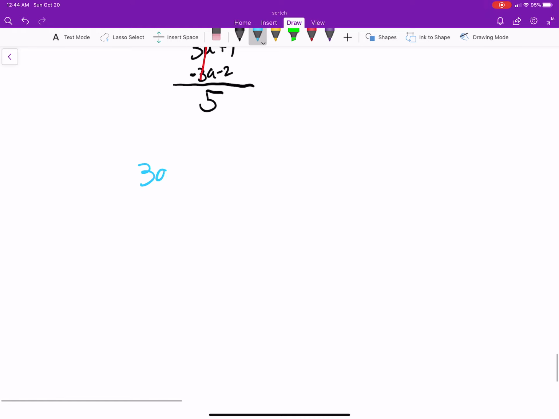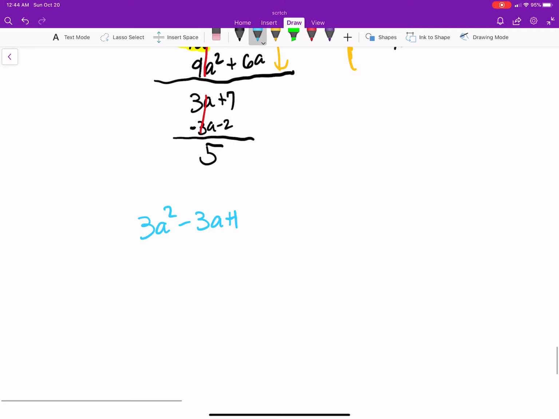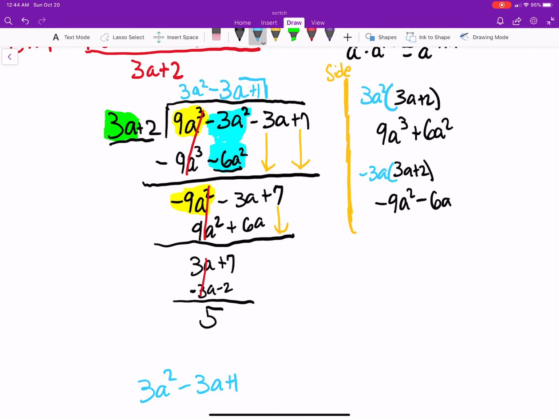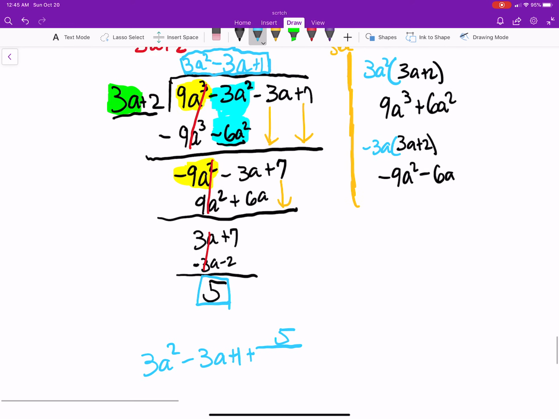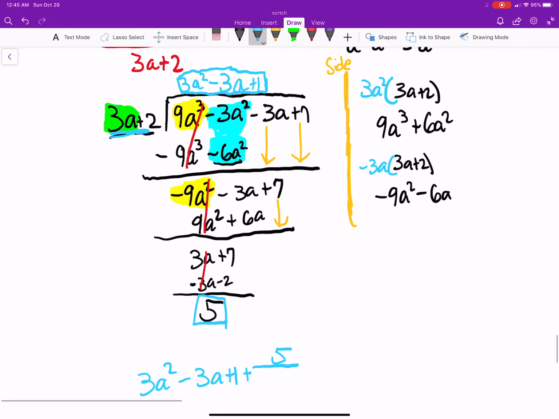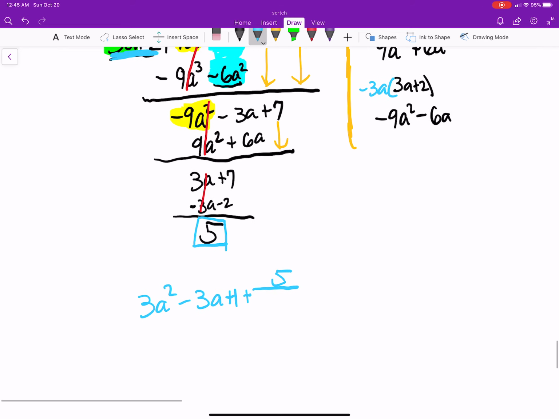So 3a squared minus 3a plus 1. That's just this bit. And then the way we do the remainder is we say plus 5, because of this guy, all over what we were dividing by, which is this guy. So 3a plus 2. And there you go. There's your answer.